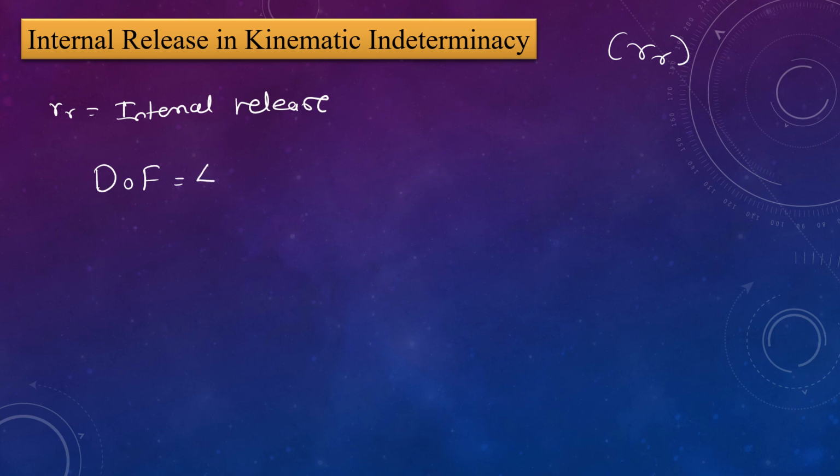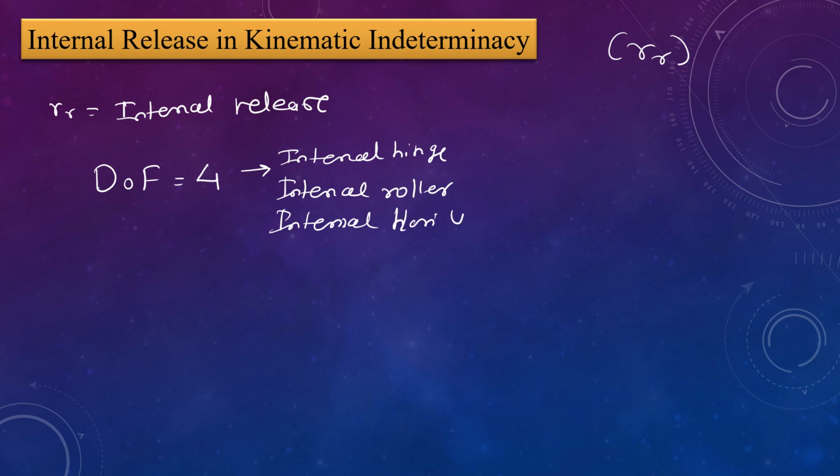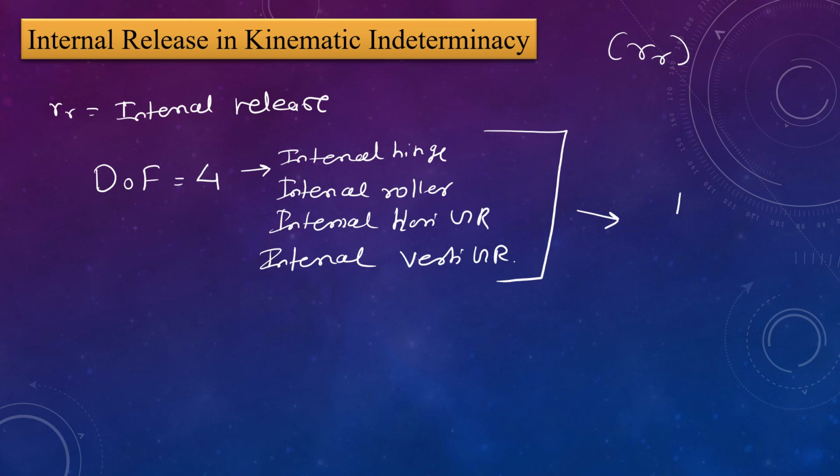So the degree of freedom is given for the internal hinge, internal roller, internal horizontal guided roller, and internal vertical guided roller. You can only use the degree of freedom to solve the kinematic indeterminacy. This is the first method.